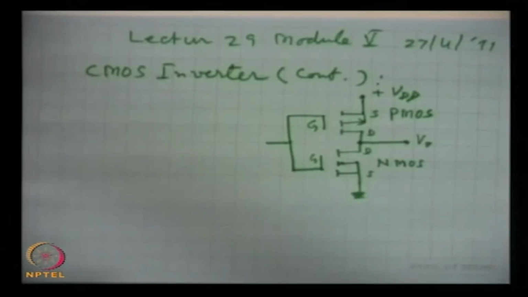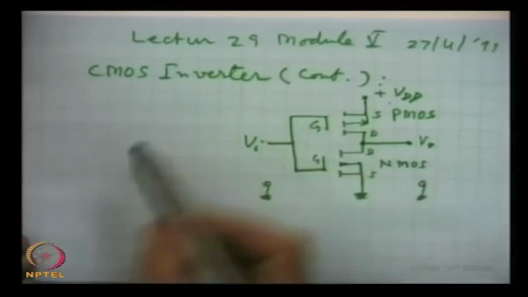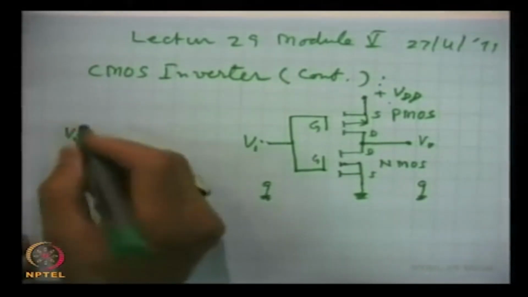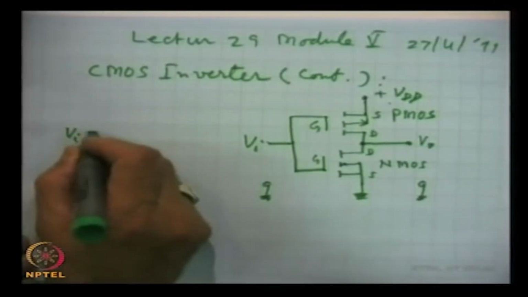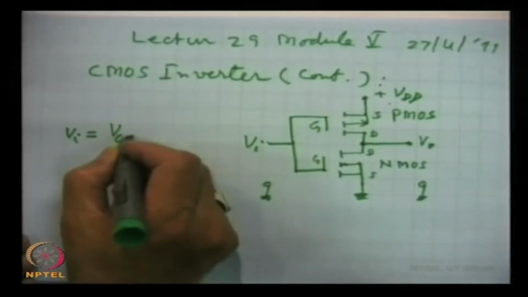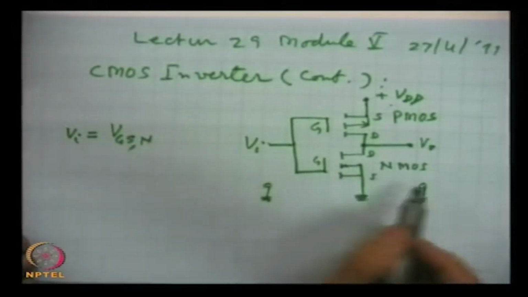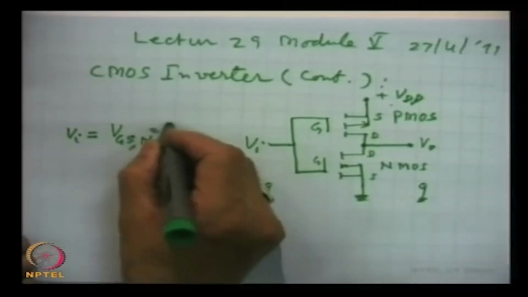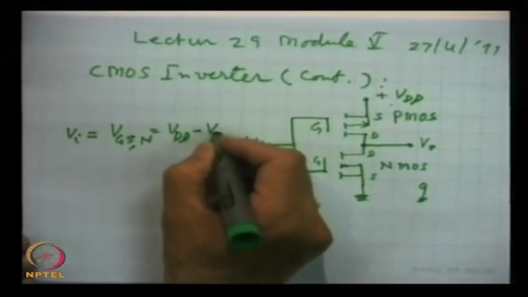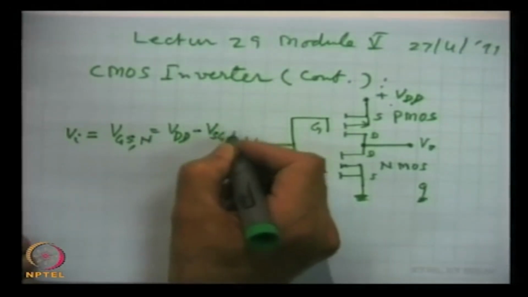Then we obtained two equations. We can write the two equations which we got earlier. Vi is equal to VGSN, N stands for NMOS, and this is equal to VDD minus VSGP.